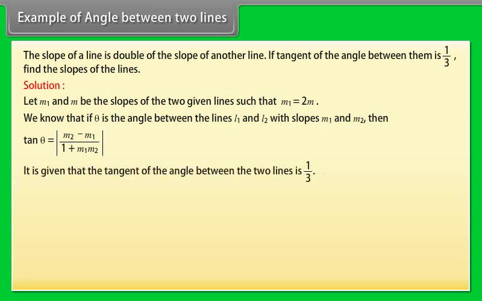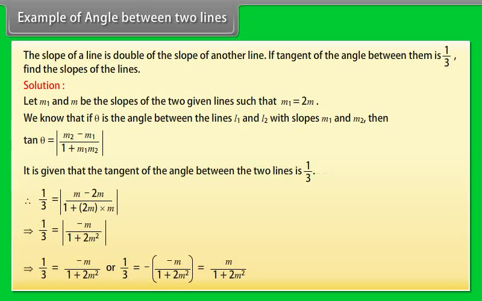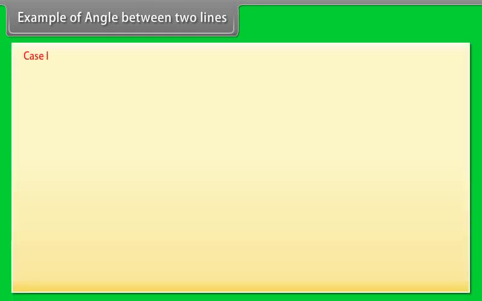It is given that the tangent of the angle between the two lines is 1 by 3. Therefore, 1 by 3 is equal to modulus of (m minus 2m) divided by (1 plus 2m into m). On solving, we get modulus of (-m) by (1 plus 2m square). Case 1. 1 by 3 is equal to -m by (1 plus 2m square).